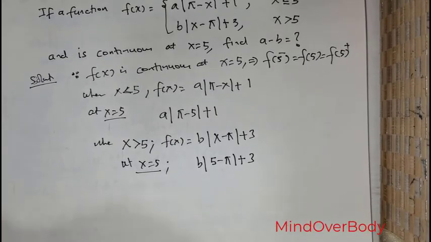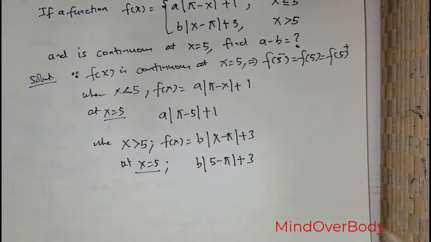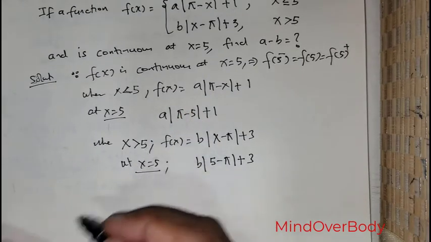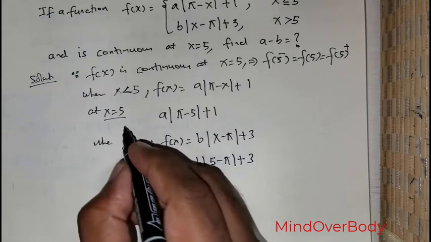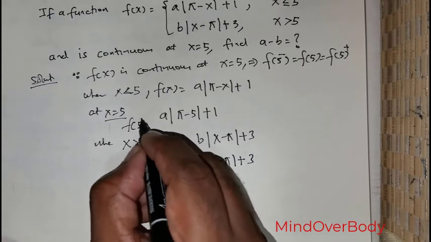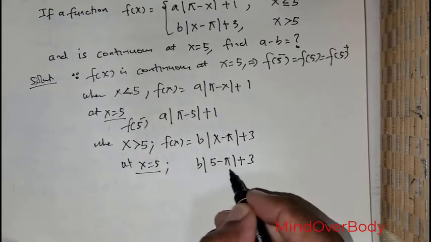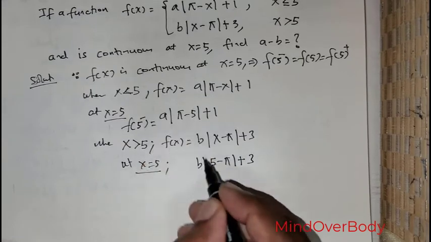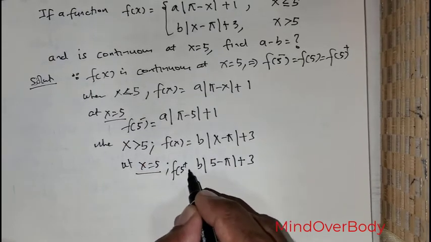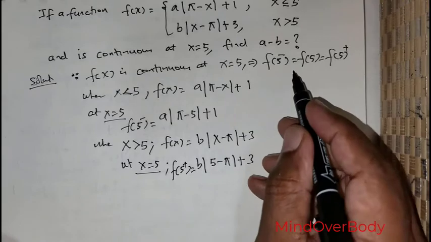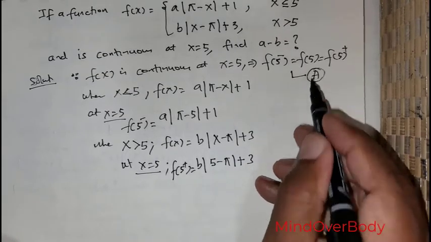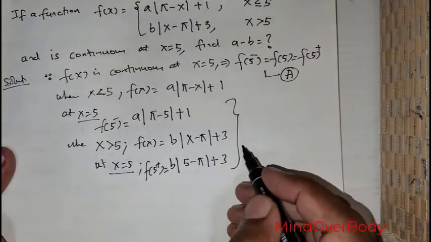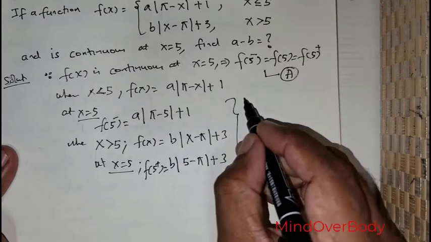So actually these two are the limits that we have found. Probably I can state this one as f(5) negative, and this one as f(5) positive. But because of this fact, I'm going to take it as A. Okay, this is true.